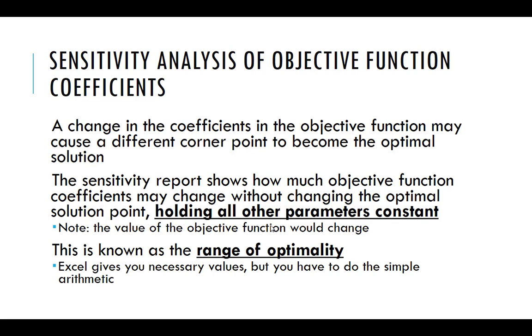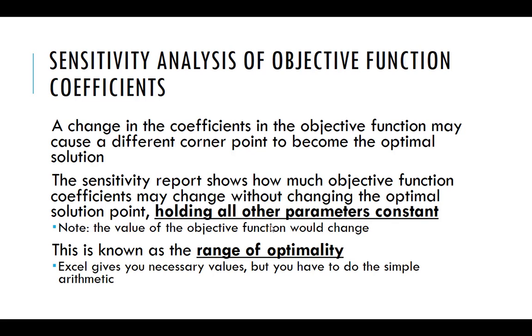We're first going to look at the sensitivity analysis of the objective function coefficients. So we had $8 and $5 in our objective function for the galaxy example. A change in the coefficients in the objective function may cause a different corner point to become the optimal solution.